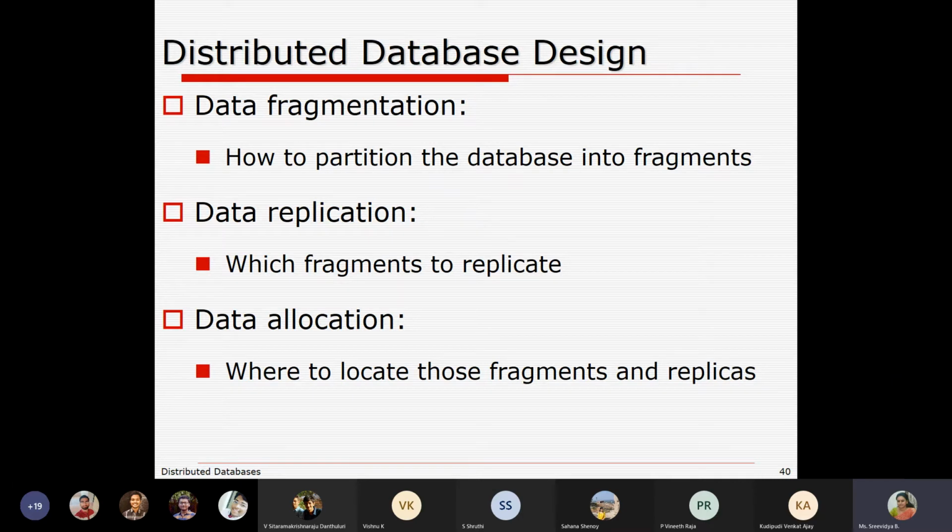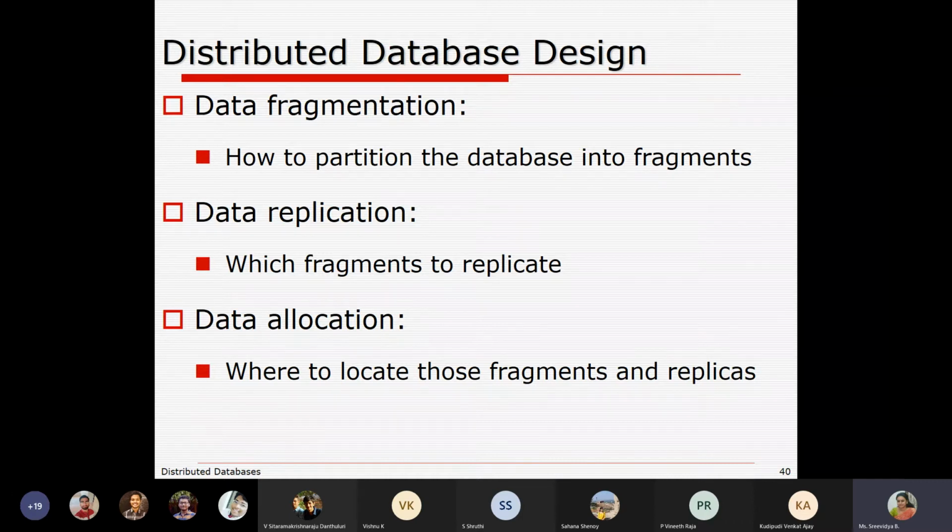The second part is, see, when you have a distributed database, you have the luxury of keeping a replica or a copy of the data in some other site also. Now, what is the advantage of it? There can be two reasons. I'm accessing a particular database table, and we have decided to keep that fragment or table in this site because it is quite often used.